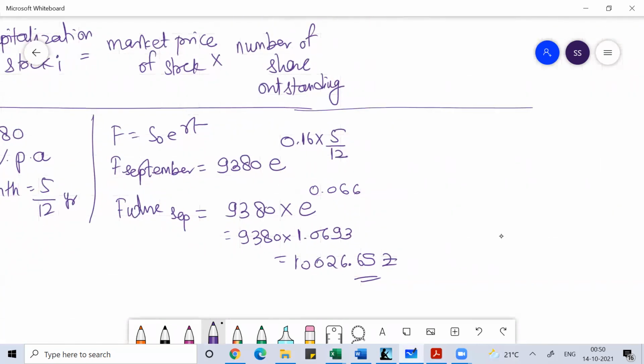Similarly, if I want the theoretical value for the October contract, this would be 9380 into e to the power 0.16 into 6 by 12.